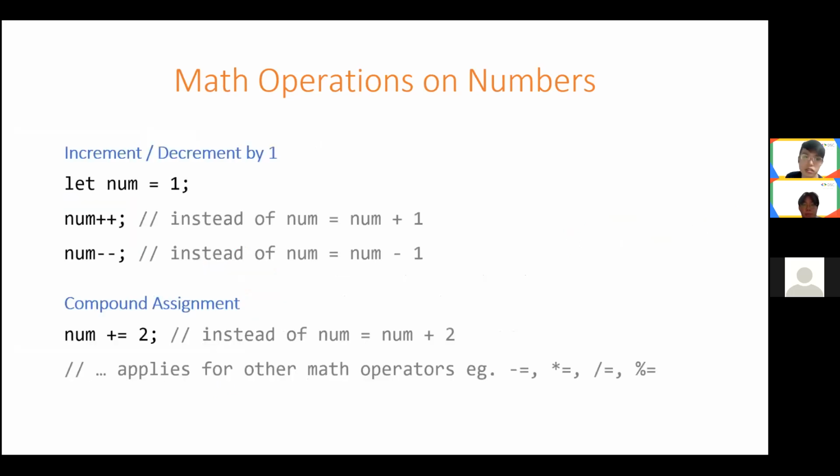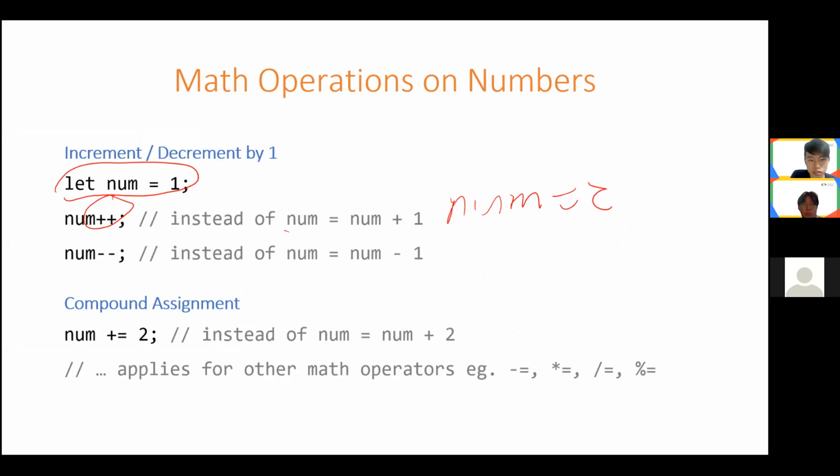Okay. So there are some shortcuts in JavaScript that you can perform as well. You can easily increment, which basically means add 1 to a variable, with the plus plus operator, like you see here. So first I have a variable called num, which equals 1. If I do num plus plus, now num will equal 2.